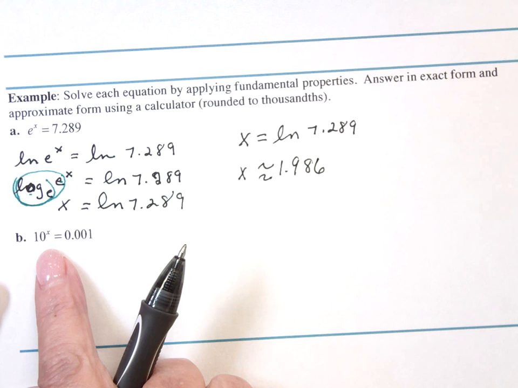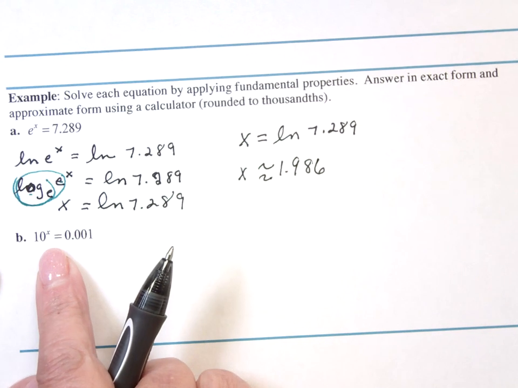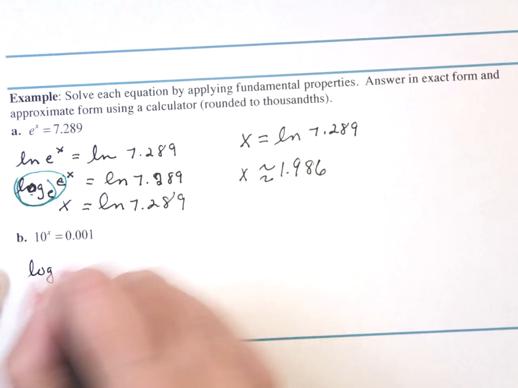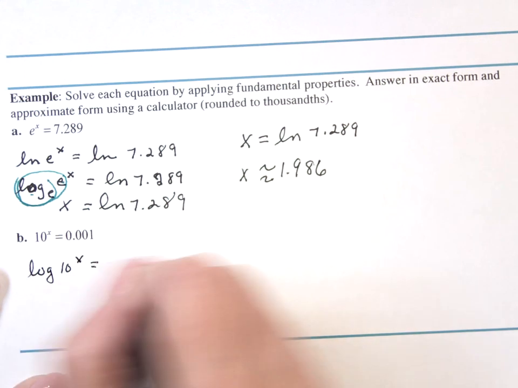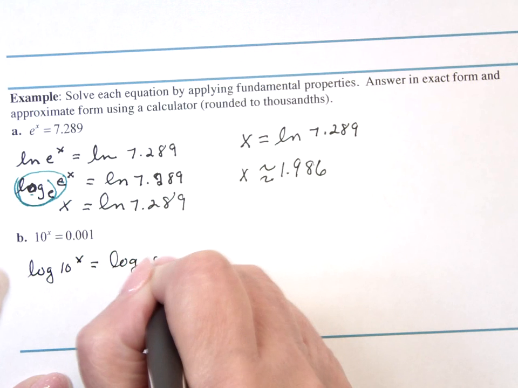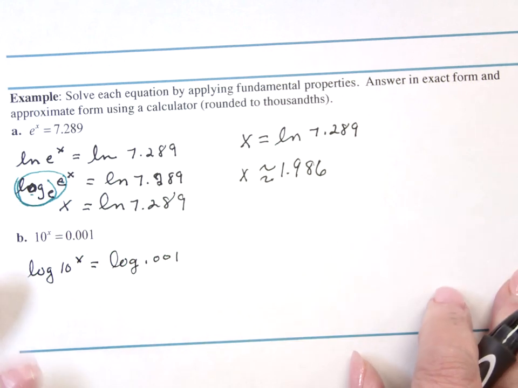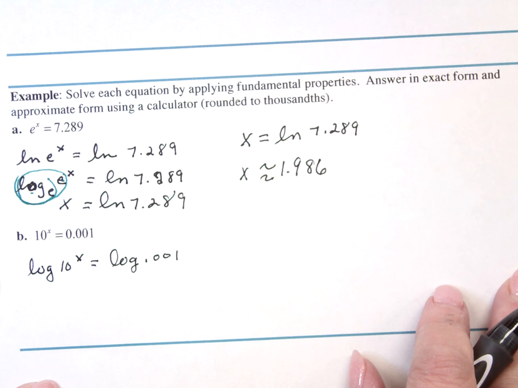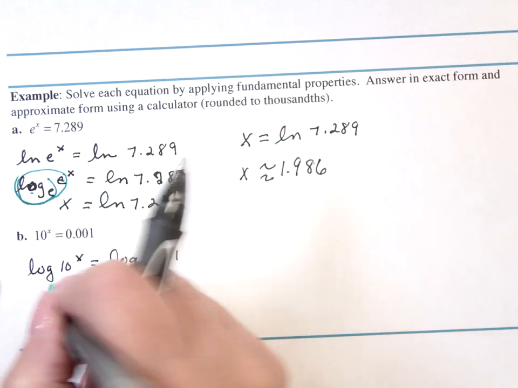This is log base 10, so you use log base 10 on it. That's just log. So this is log of 10 to the x equals log of 0.001. This log is base 10.